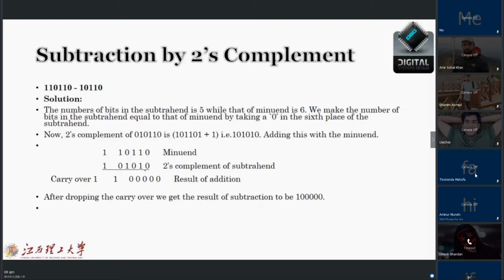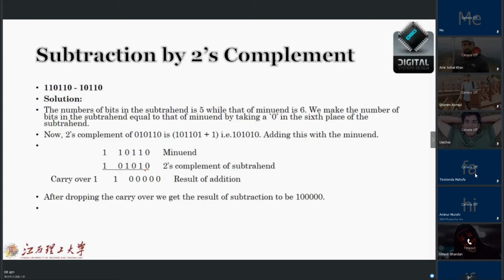We make the number of bits in the subtrahend equal to that of the minuend by putting a zero in the sixth place of the subtrahend. Now, the two's complement of the number 010110 is something like that.